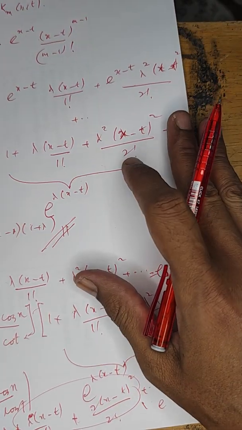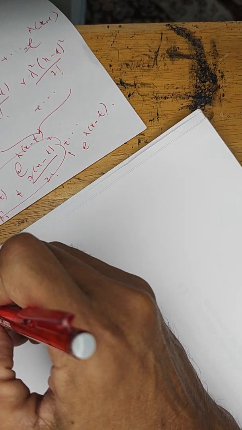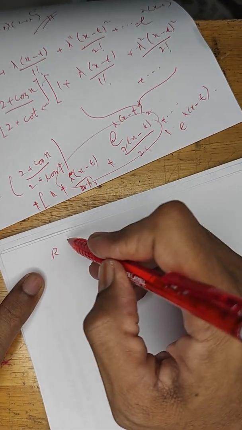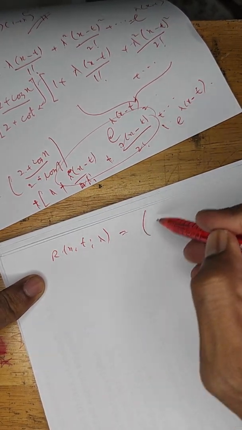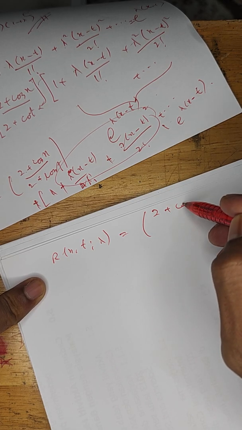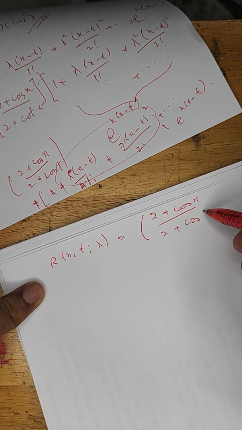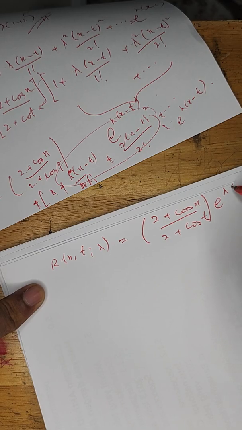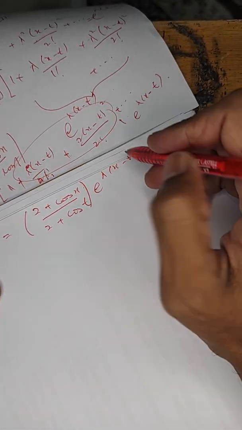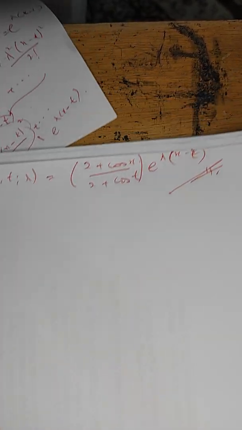So therefore our solution for example 3 here, R(x, t, lambda), this is (2 plus cos x) over (2 plus cos t) times e^(lambda (x minus t)). So that's the solution for number 3.